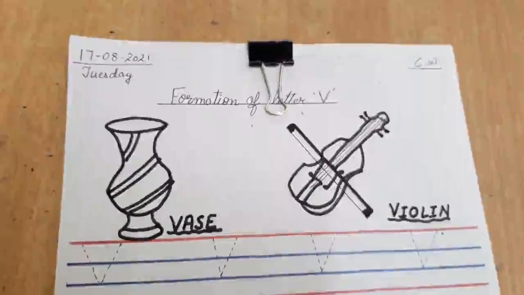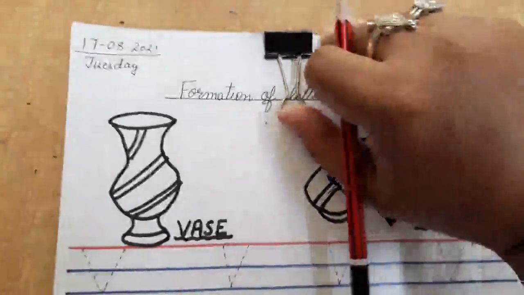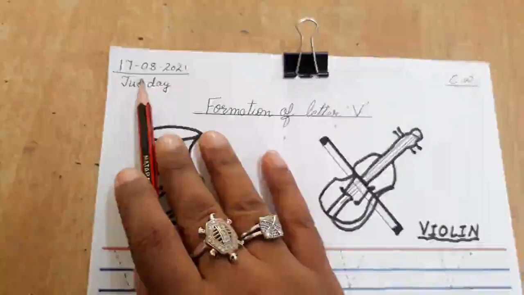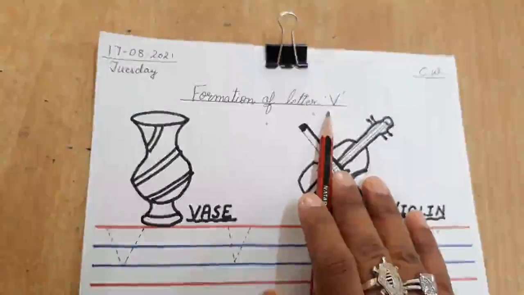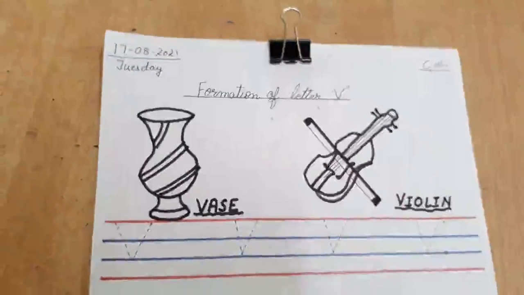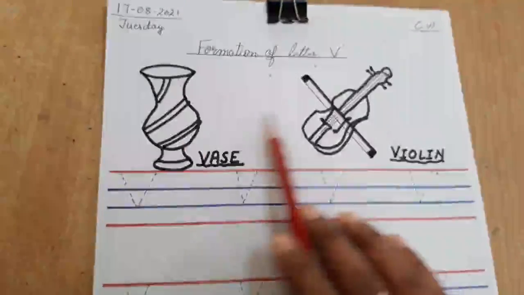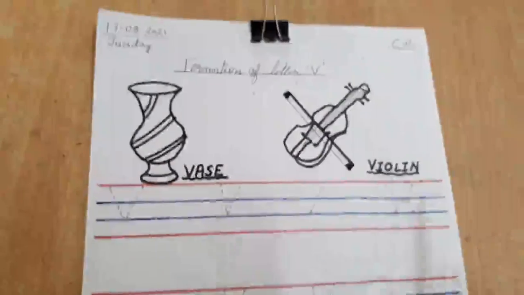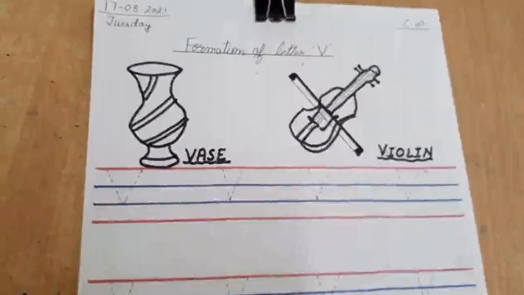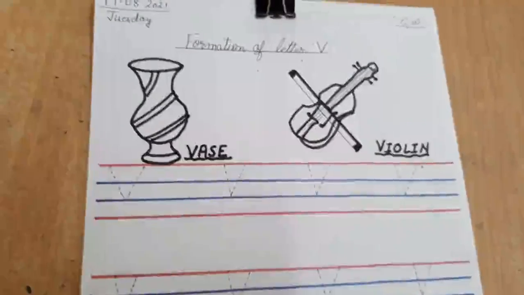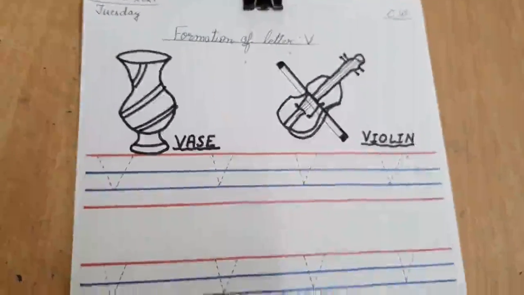So class, like this you are going to write in your notebook the date, formation of letter V, and you can draw any picture related to this letter, as I have drawn vase and violin. And yes, don't forget you have to color them as well. Clear?